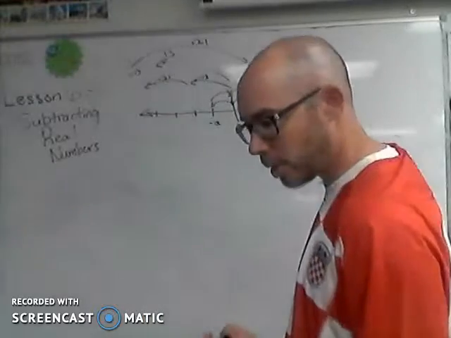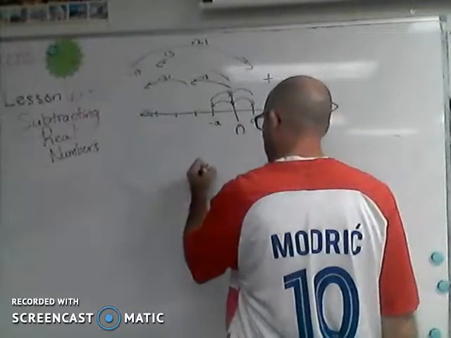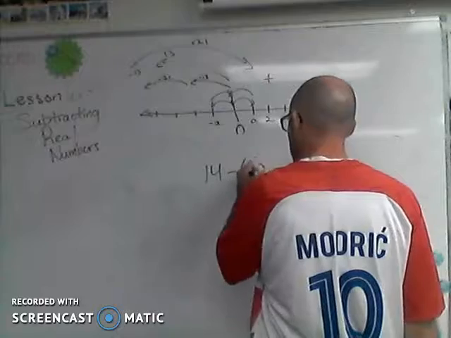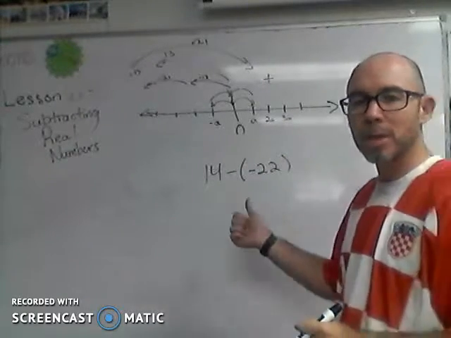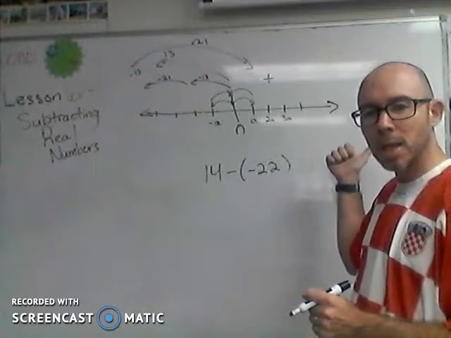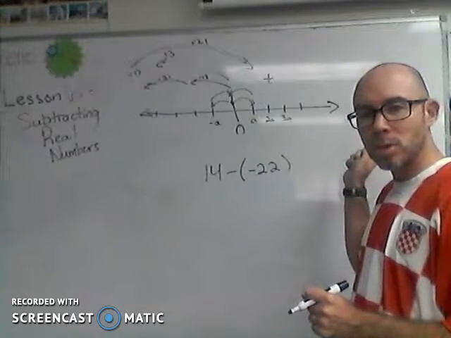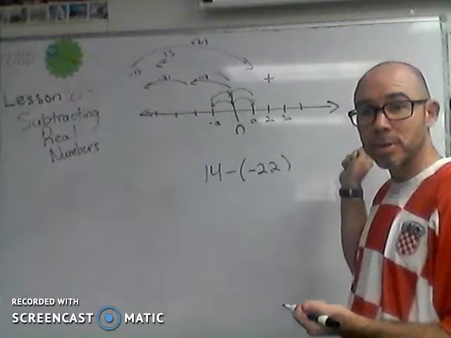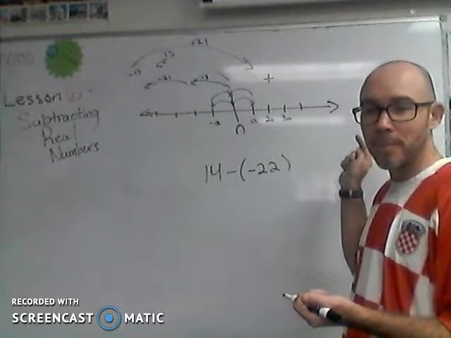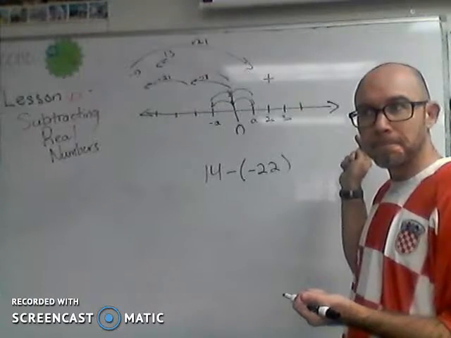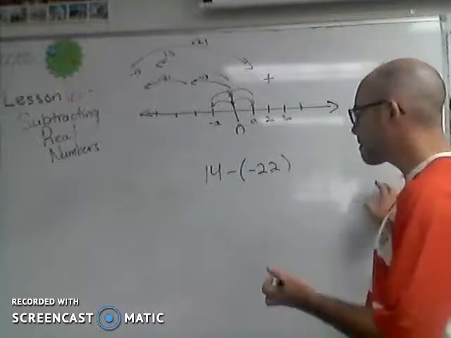Like one of the first practice problems is 14 minus parentheses negative 22. If you want to think about it in the number line, you're like, I'm over here at 14, and then I'm going to add the inverse of negative 22. Or you can say, why don't I just rearrange that?